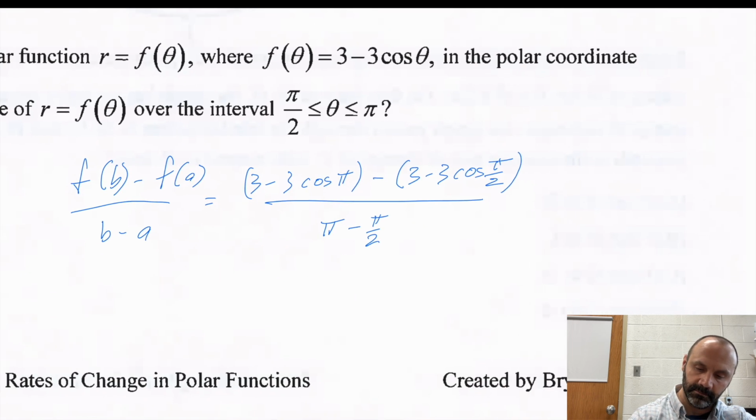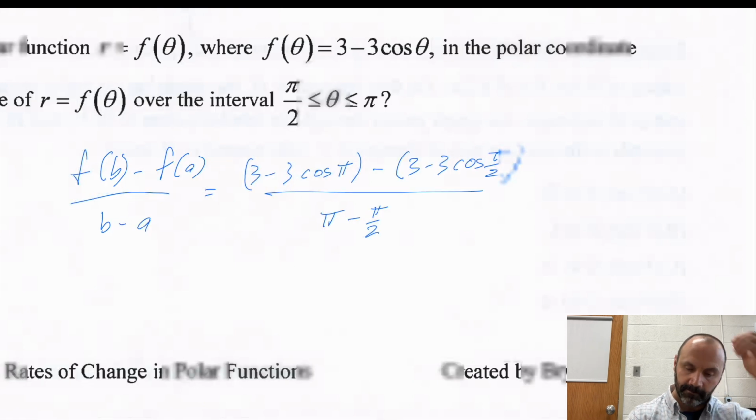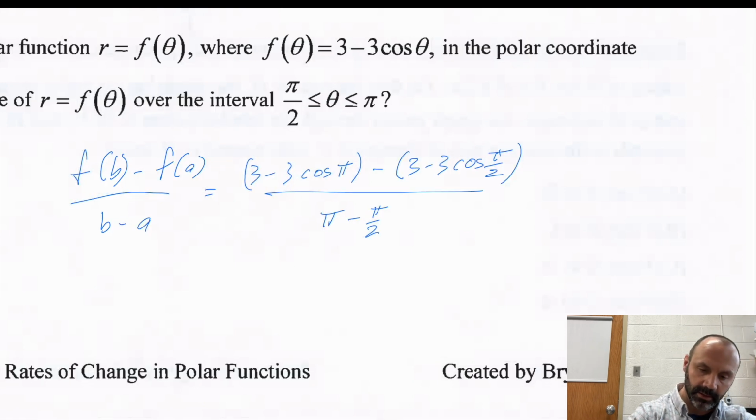And as we solve this, we know that cosine of pi is -1, and we know that cosine of pi over 2 is 0.